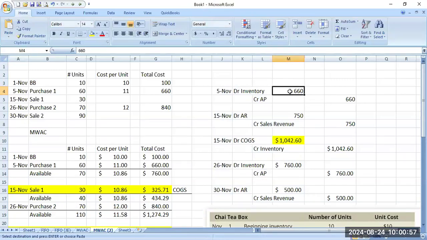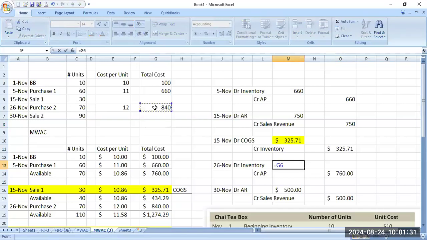First, my first purchase, accounts payable. Second, my first sale for 750 was for 30 units, but now I have my cost of goods sold right here. I don't even have to sweat on it. Then the second purchase, why 760 when it is exactly 840?